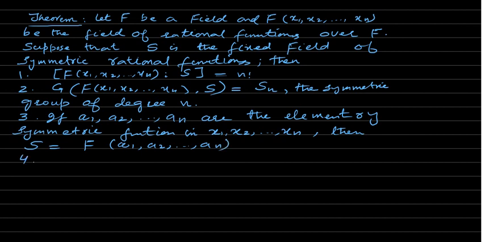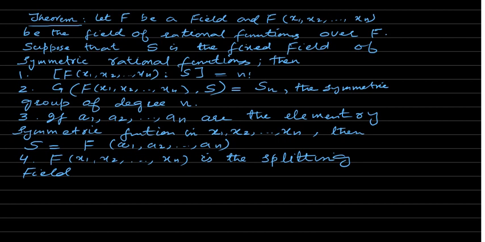And the fourth one is: this field F(x1, x2, ..., xn) of rational functions is the splitting field over this field F(a1, a2, ..., an), which is equal to S in the third part.